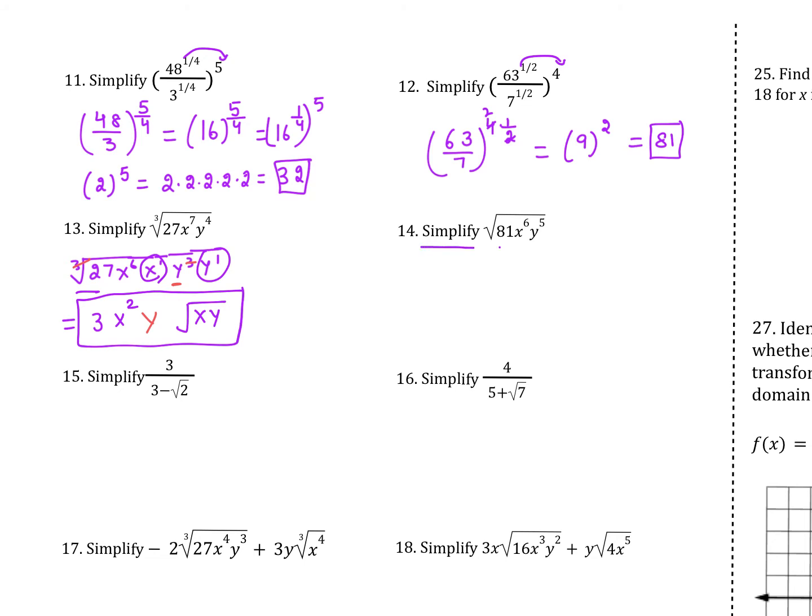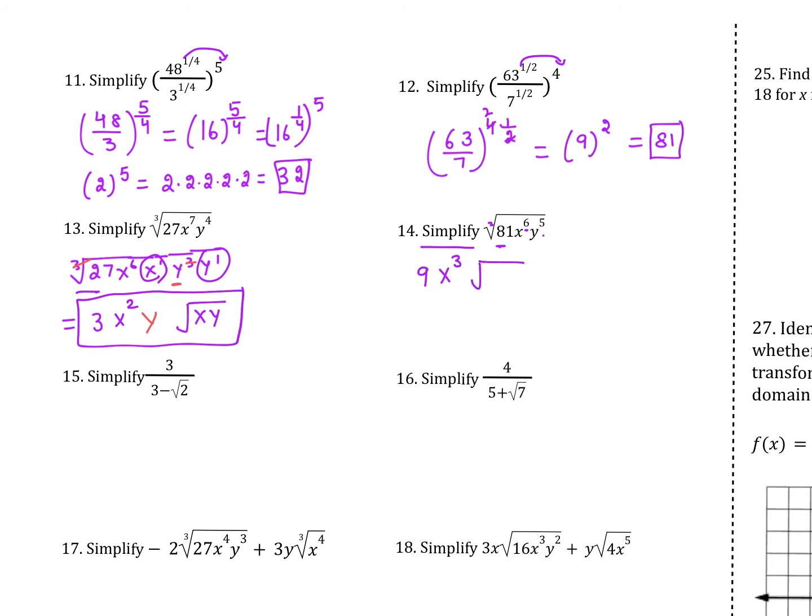Simplify square root of 81 x to the power 6 y to the power 5. Square root of 81 is 9. X to the power 6 divided by 2: if there is a square root, there is an invisible 2 outside. 6 divided by 2 is x to the power 3.